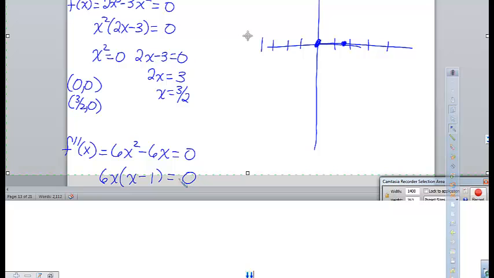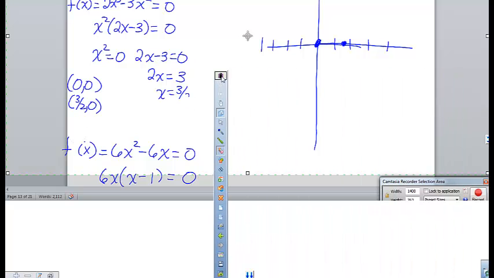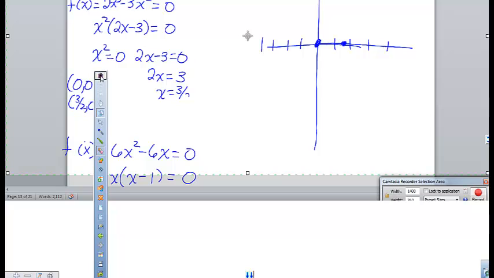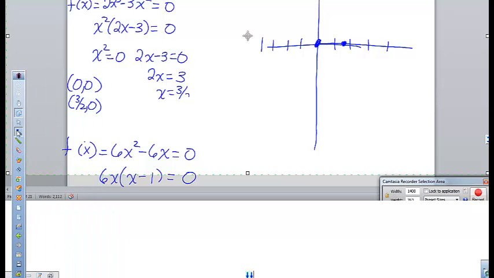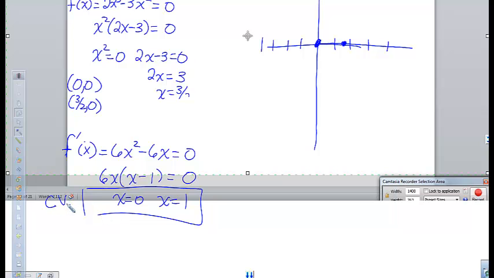I'm sorry, that's the first derivative. Okay, that's my first derivative. We set it equal to 0. We get x equals 0 or x equals 1. These are my critical values.